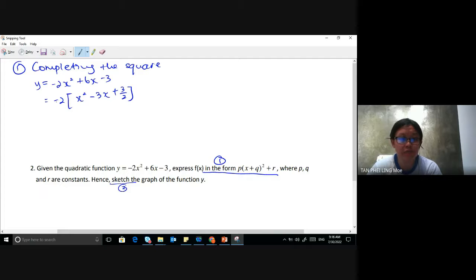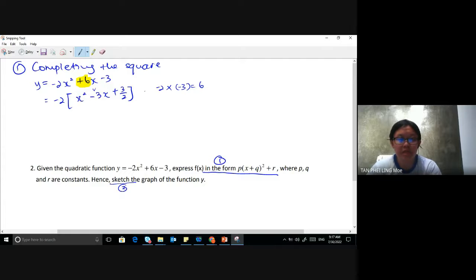So I take out -2. So this one, -2 times what becomes +6, which is here, right? So I have to have a negative here. So that negative, negative become positive. Then 2 times 3, 6. Let me just check. Negative times negative, positive. Then 2 times 3, 6. So in my bracket, I should have negative 3.